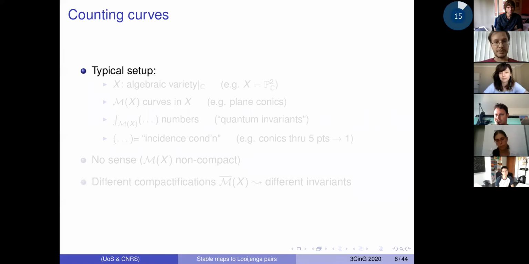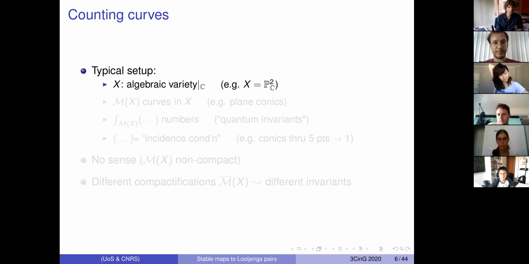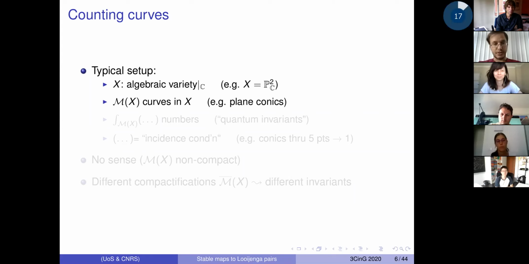Well, the typical setup, if you want to count curves, is you have X, some algebraic variety over C, for example, the complex plane. And you want to consider some moduli space of curves in X. Thinking about the second question in the previous slide, you can consider the space of plane conics.